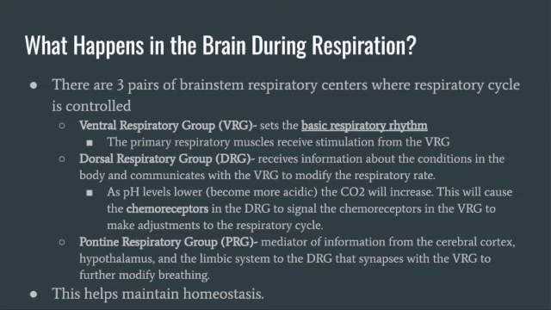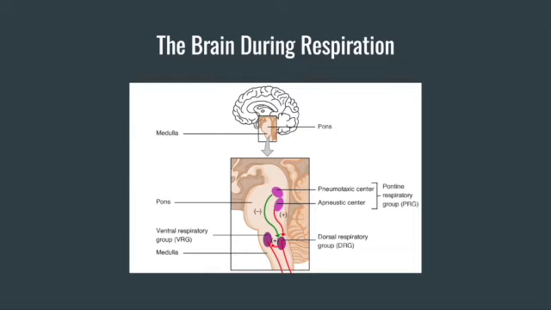All these respiratory centers are made to maintain homeostasis in our lungs. This is just an image showing where we can find the VRG, DRG, and PRG. Kind of gives a better understanding of where they are located and their functions.